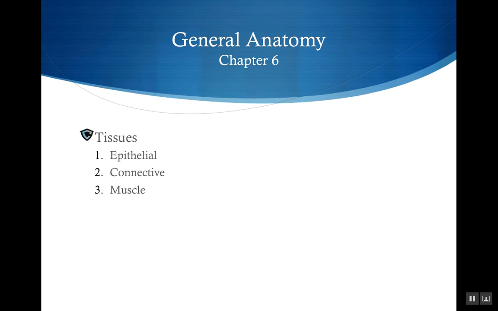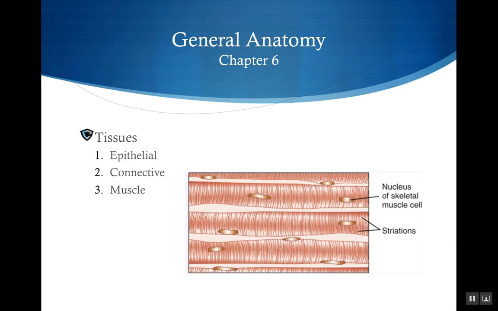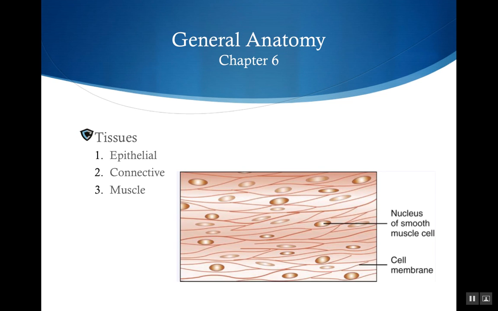The third type of tissue is muscle tissue, and there are 3 different types of muscle tissue. The first is striated muscle, which is also called skeletal muscle. You can see the striations here in the muscle. Striated or skeletal muscle is responsible for voluntary movement, such as the movement in your arms and legs.